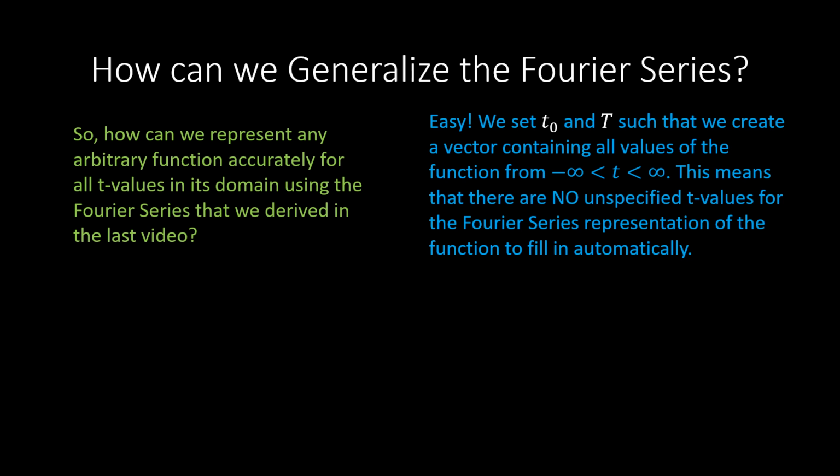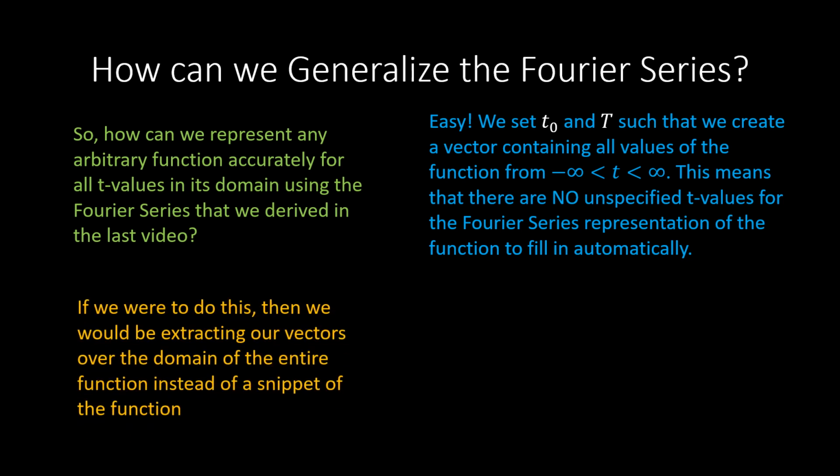We set t0 and capital T such that we create a vector containing all values of the function from negative infinity to positive infinity. This means that there are no unspecified t values for the Fourier series representation of the function to fill in automatically. So all t values are known. There are no gaps in our information, so we don't have to fill in anything more.